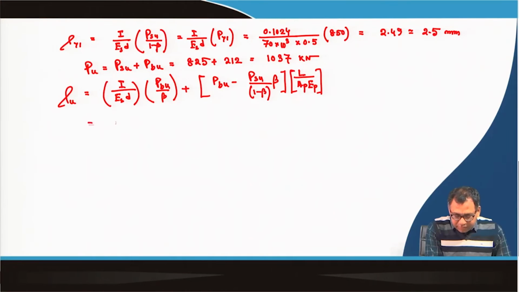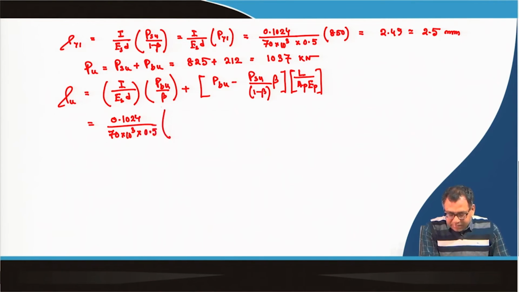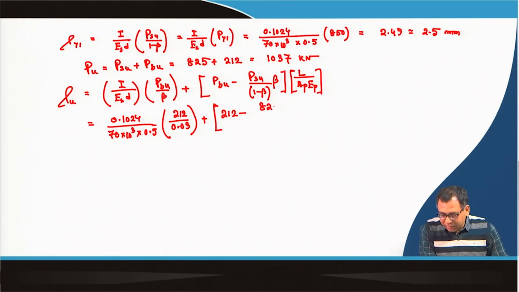So, now I will put these values. I is equal to 0.1024, ES is 70 into 10 to the power 3, diameter is 0.5, then PBU is 212, beta is 0.03, then plus PBU is 212 minus 825 is the PSU, PSU is 825 into beta is 0.03 divided by 1 minus 0.03.